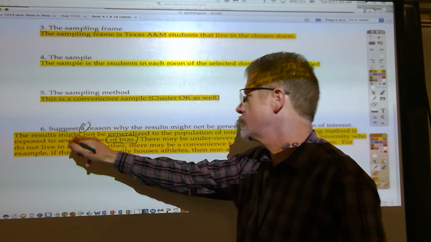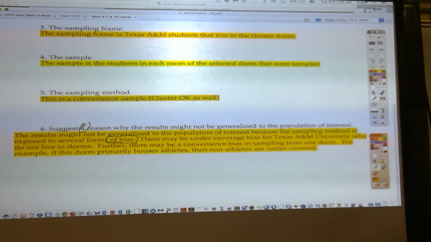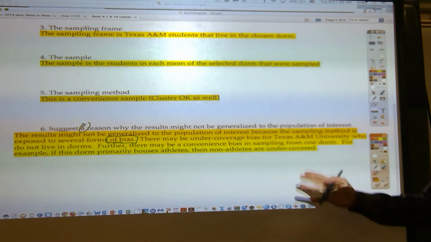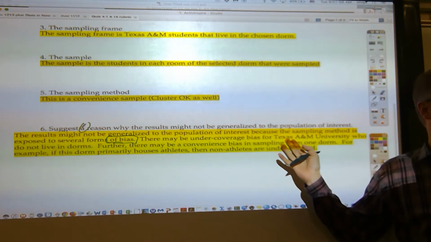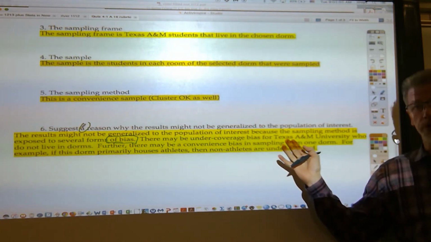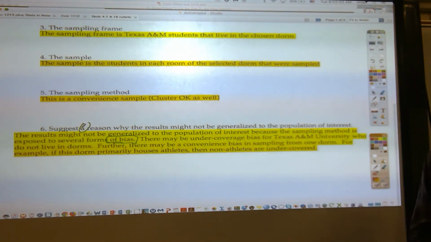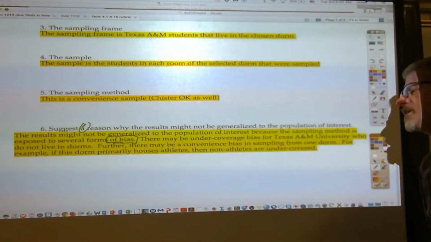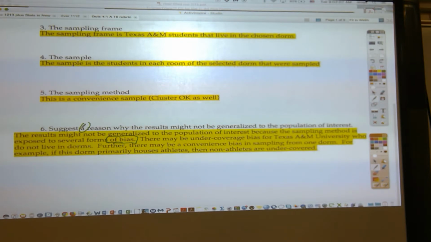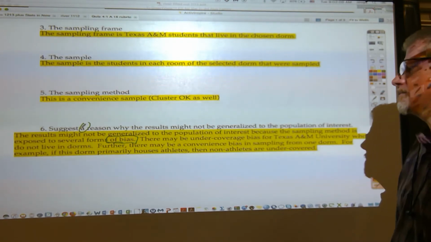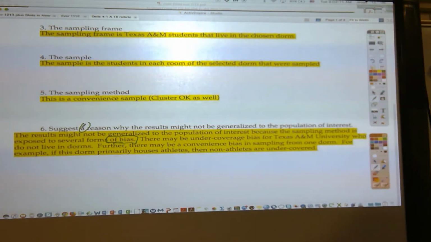It says a reason. There may be undercoverage bias for Texas A&M University students who do not live in dorms. So that's undercoverage due to poor sampling frame. If you mentioned undercoverage due to poor sampling frame, that's a great answer. Further, there may be a convenience bias. For example, the dorm primarily houses athletes and non-athletes are undercovered.